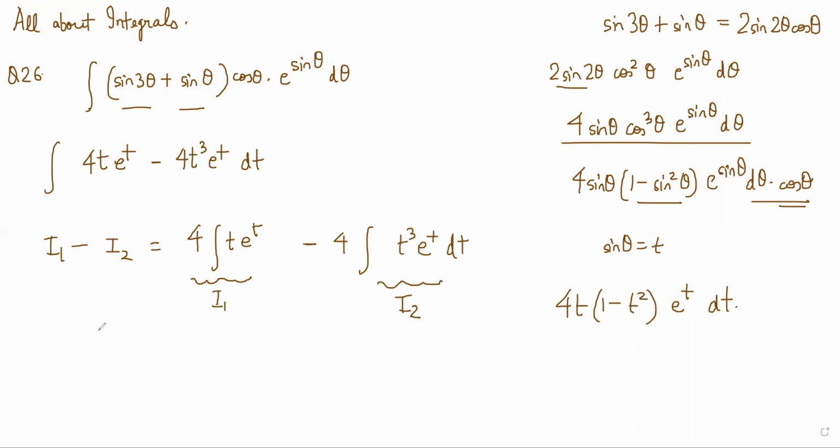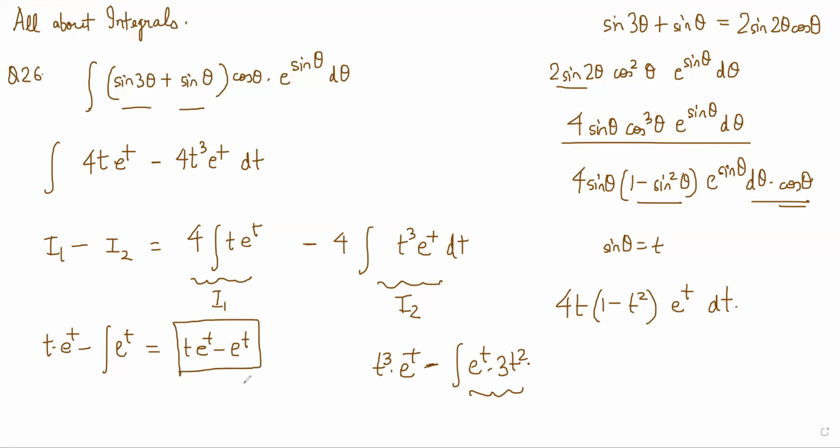So for example, this one will become t into e^t minus e^t, which is equal to t e^t minus e^t. And this part you'll have to do multiple times, but it is very easy. So for example, first one I will do t cube e^t minus integral of e^t into 3t square. Now do this by the same by parts method. It will become t e^t, and then you know the answer for t e^t, right?